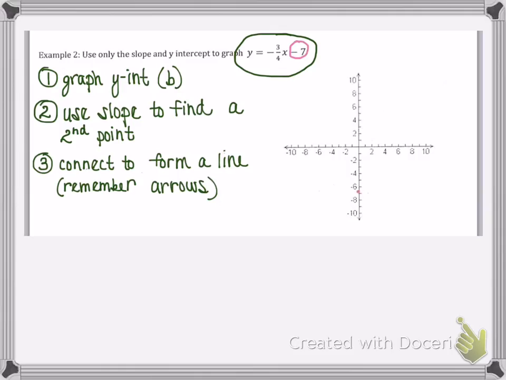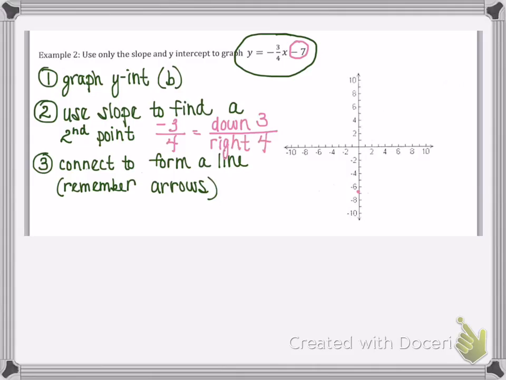Step 2 says that you're going to use your slope to find your second point. Remember, slope represents rise over run, which means change in y over change in x. So if you look at your slope for this problem, you've got -3 over 4, which means you're going to go down 3 units and then up, to the right 4.